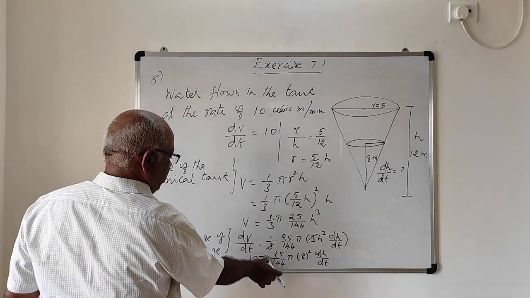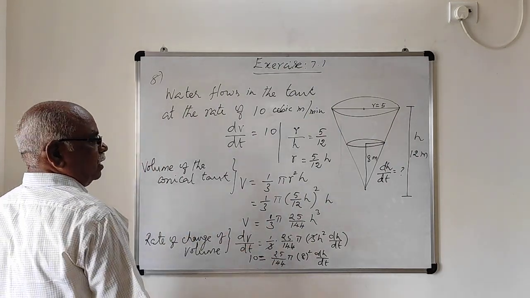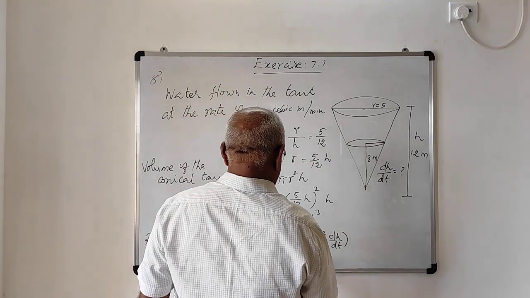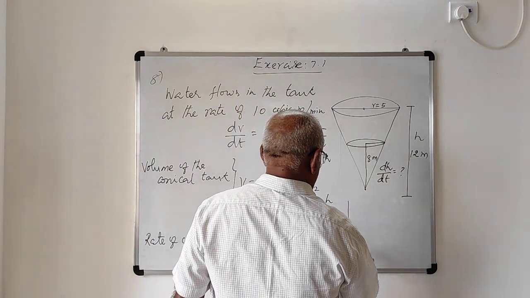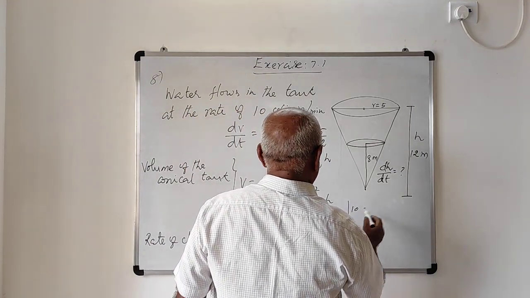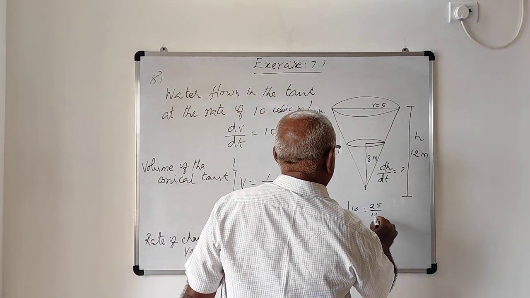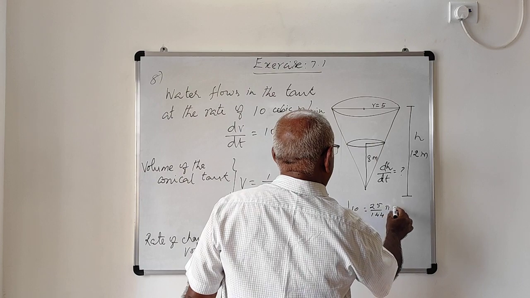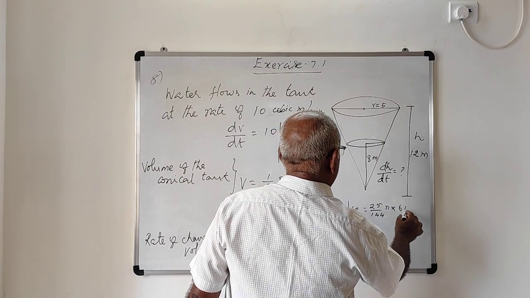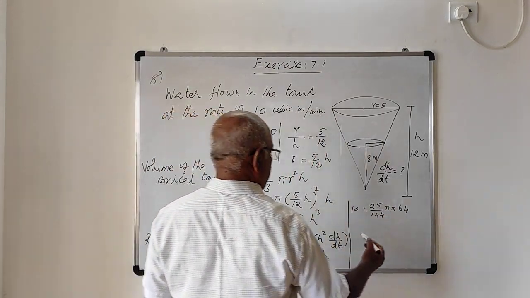So I can rewrite this: 10 equal to 25 by 144 pi into 8 square, which is 64, into dh by dt.